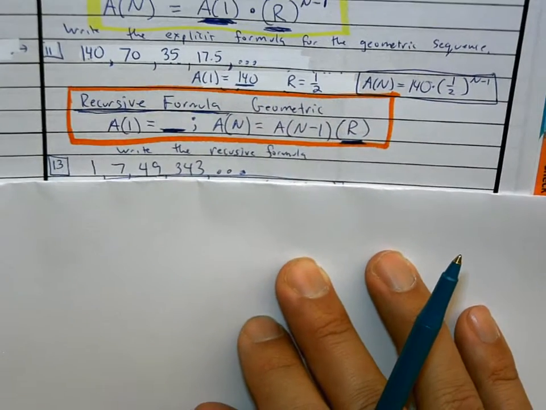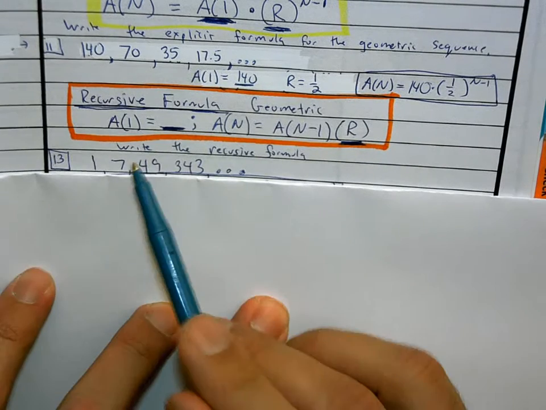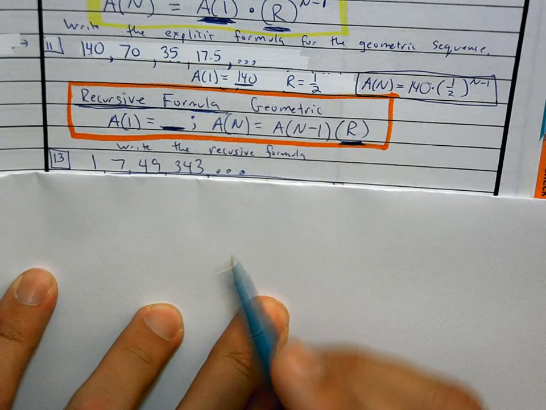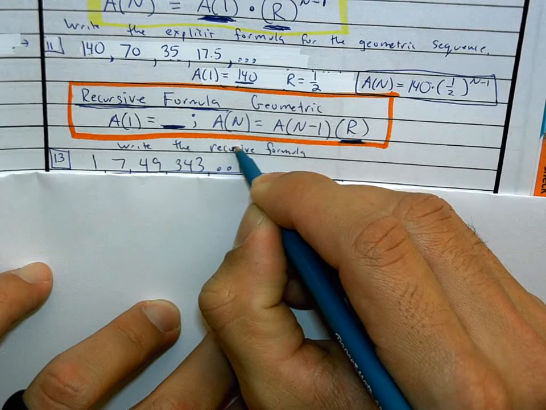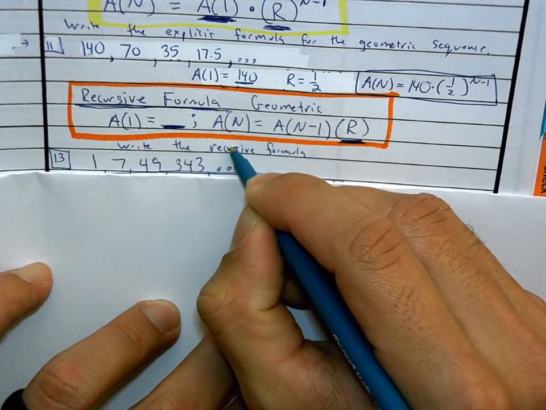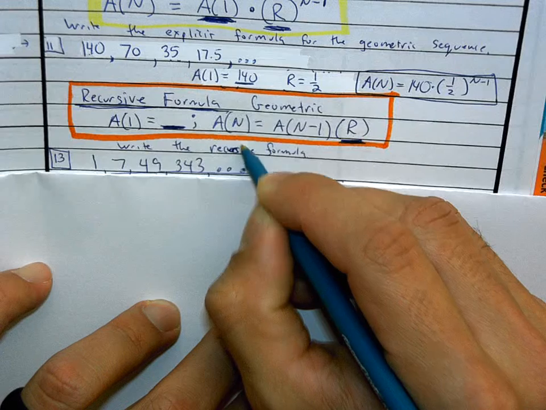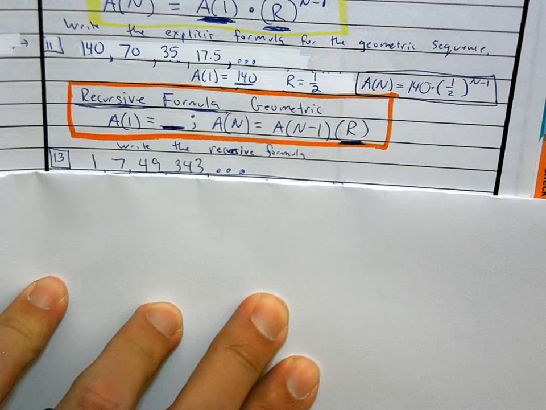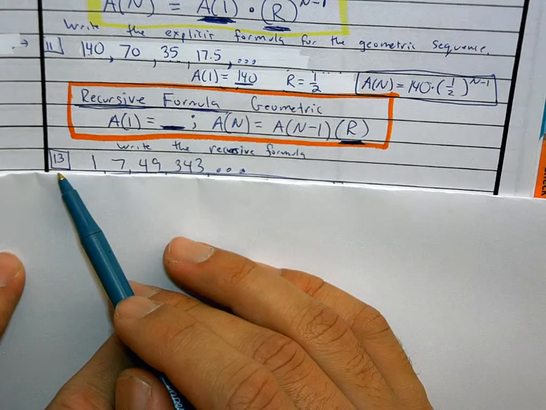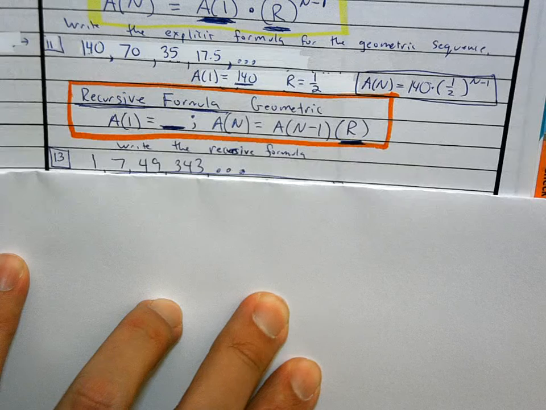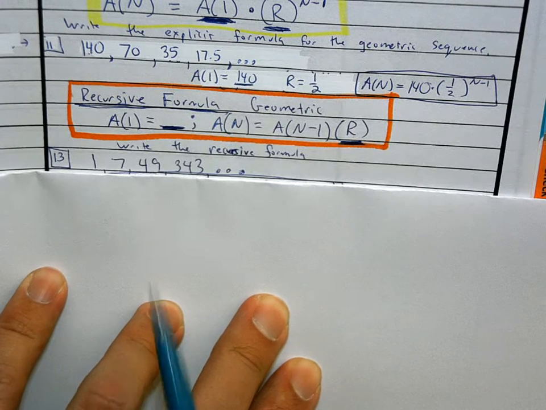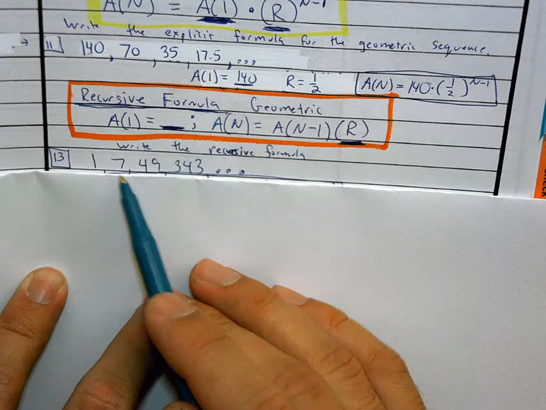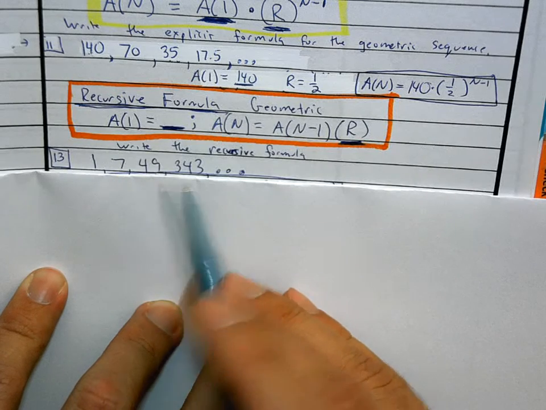Right there, it says write the recursive formula. Recursive, there's an R right there. Write the recursive formula, and this will be like number 13. Number 13 says 1, 7, 49, 343.